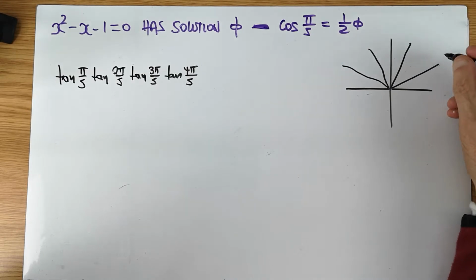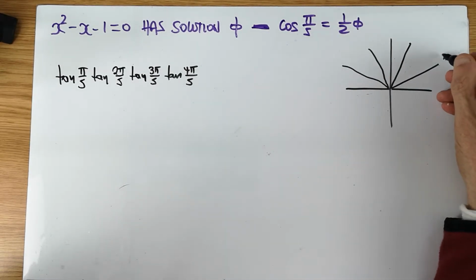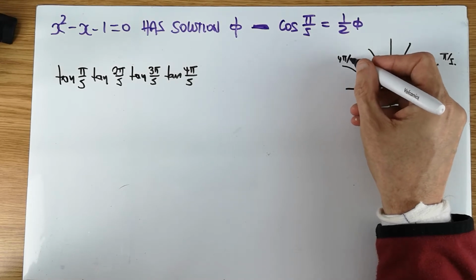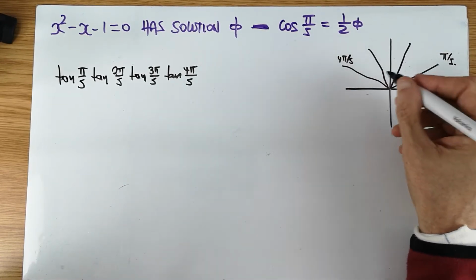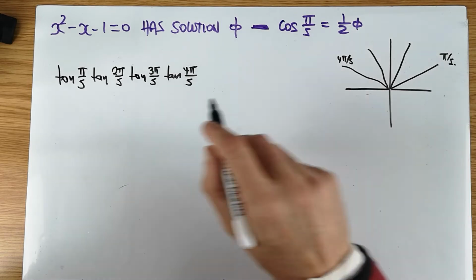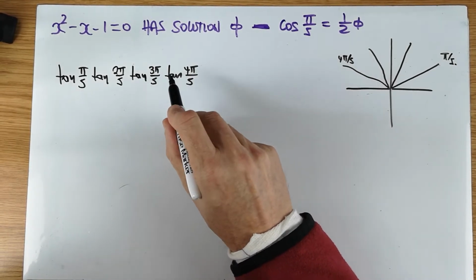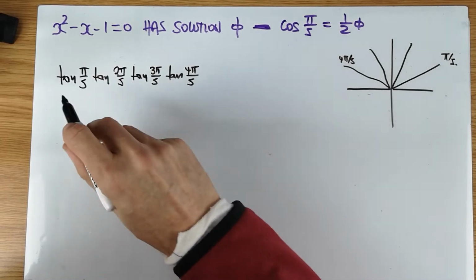That is the tangent of pi over 5 here. And the tangent of 4 pi over 5 has exactly the same gradient but negative. So I can replace tan of 4 pi over 5 with the negative tangent of pi over 5.